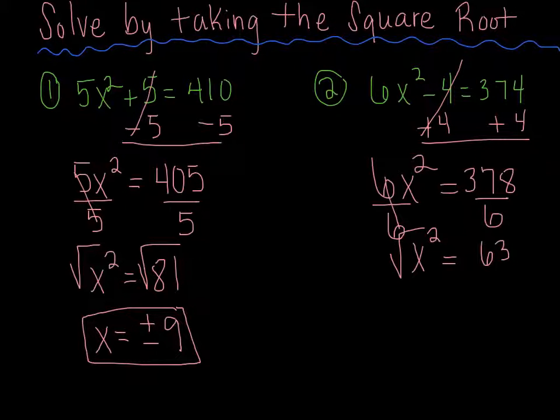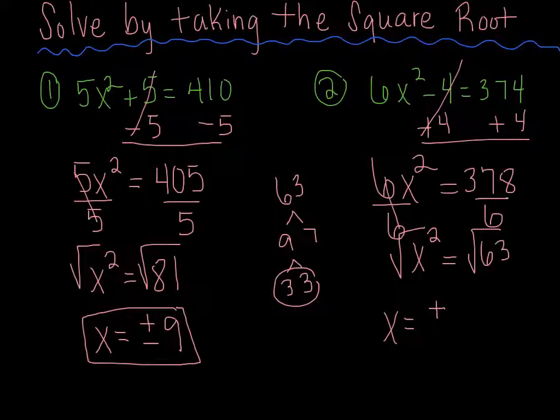Now we'll have to square root, and break down 63. 63 breaks down into 9 and 7. 9 breaks down to 3 and 3. So it's going to be x equals plus and minus 3 radical 7.